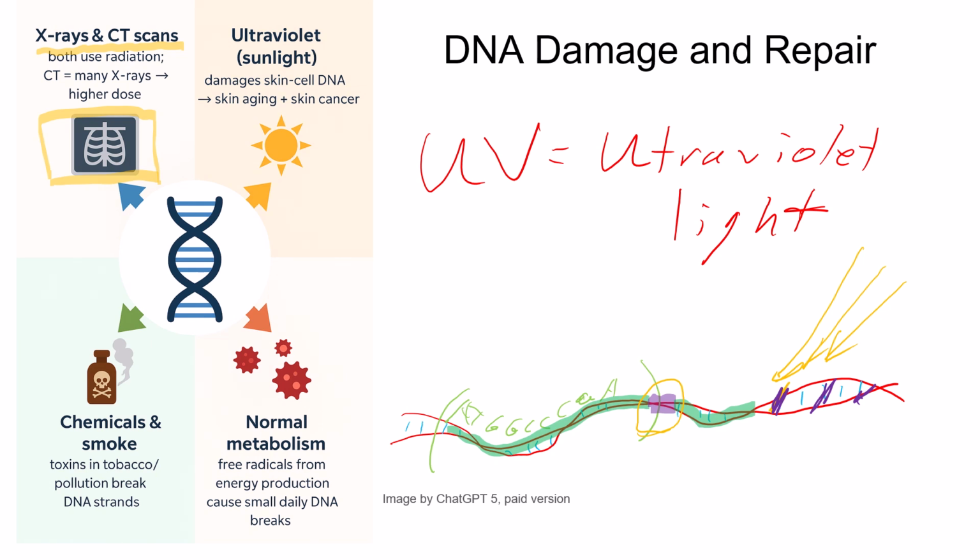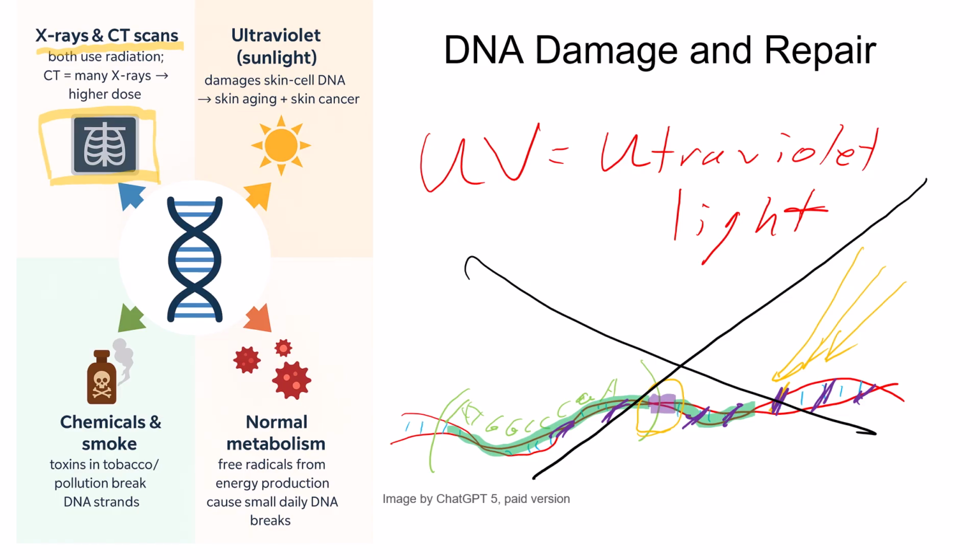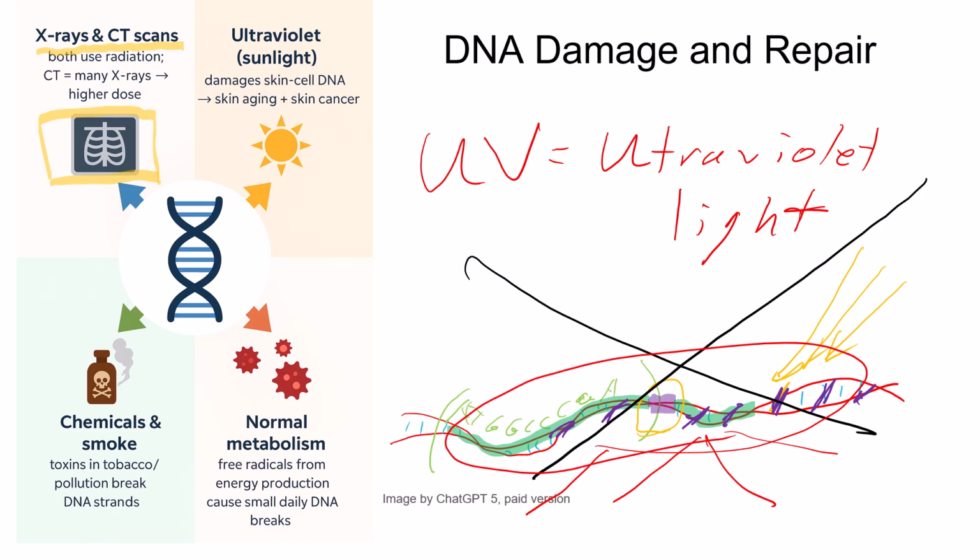Hopefully your body will fix it, but if too much damage happens, then that can actually lead the cell to recognize that its DNA is now too broken, and the cell will die. And that helps make sure that the cell doesn't keep making new cells with bad copies of DNA. Because if the cell keeps making copies with bad DNA, that can lead to cancer.